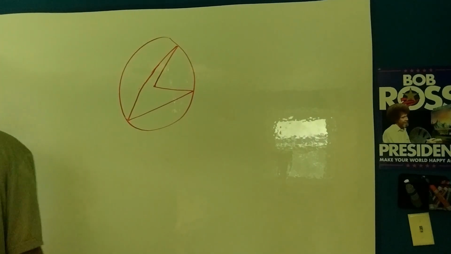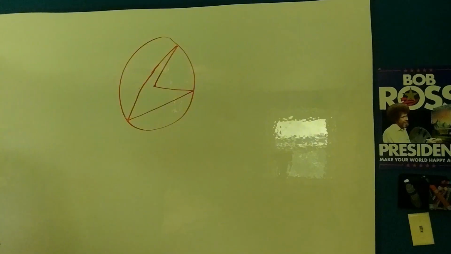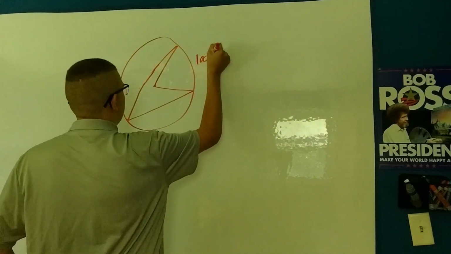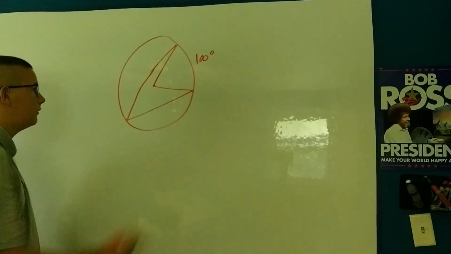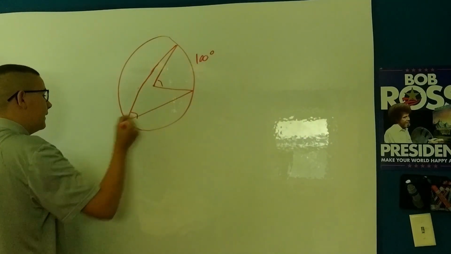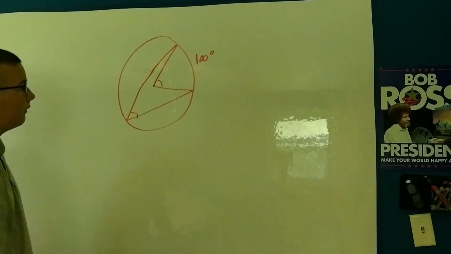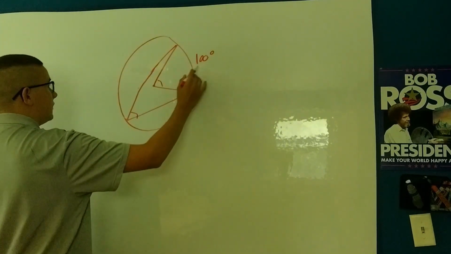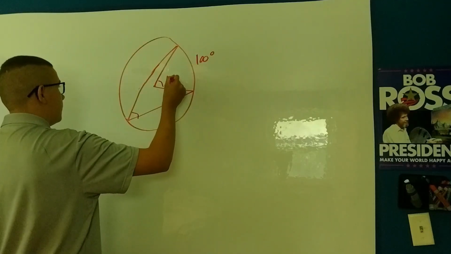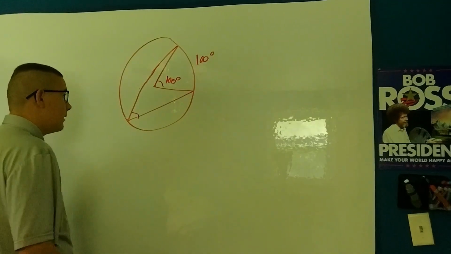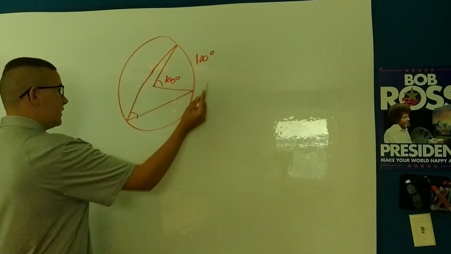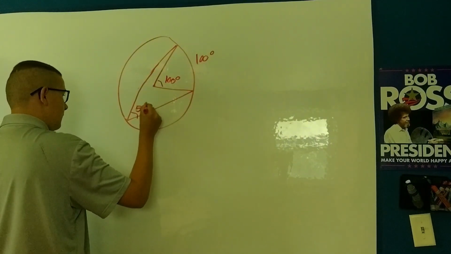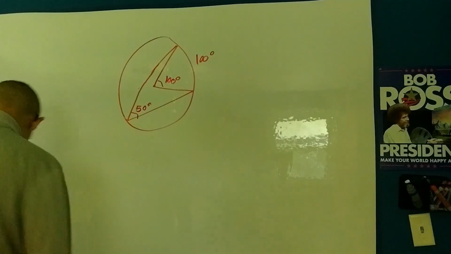And I tell you that this arc angle is 100 degrees, and I ask you to find this one and this one. Well, first, this is a central angle, so it's going to be the same as this. So we know that this is also 100 degrees. And then this here is just half of this. So this is 50 degrees, like that.